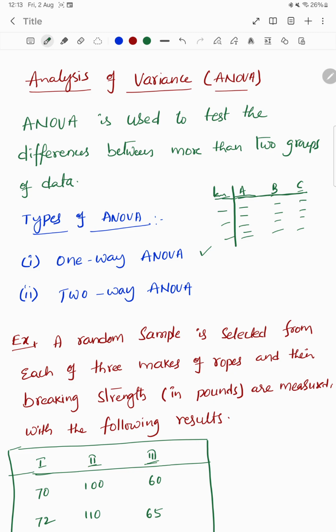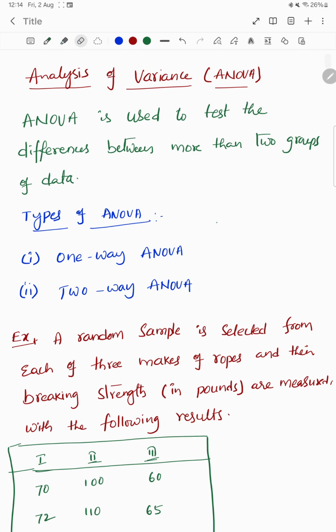Then whatever data we have will be influenced by fertilizers as well as temperatures. Therefore, this situation is coming under two-way ANOVA. So, ANOVA can be used to analyze the data when we have a single factor or two factors.